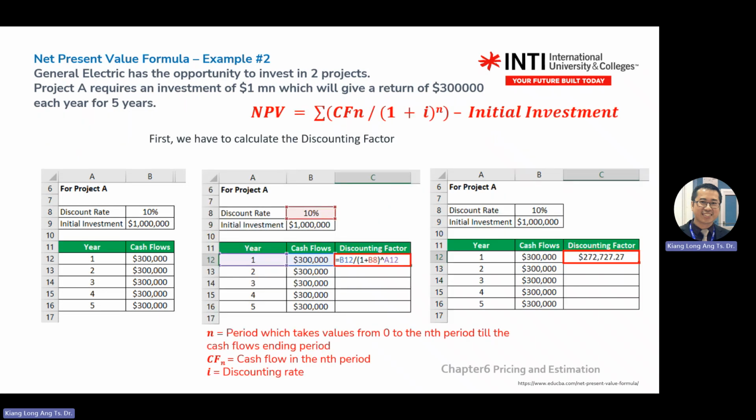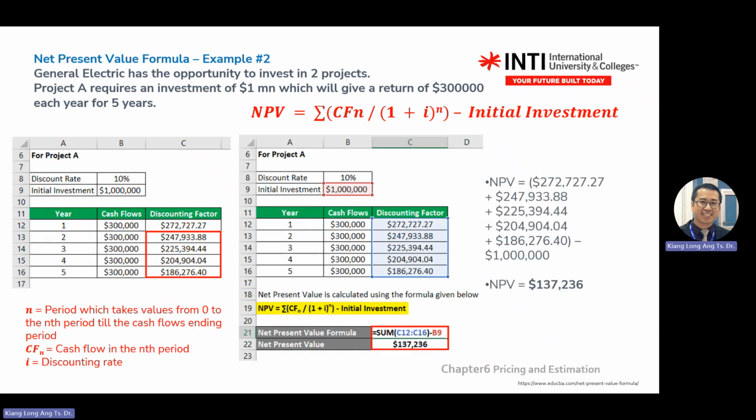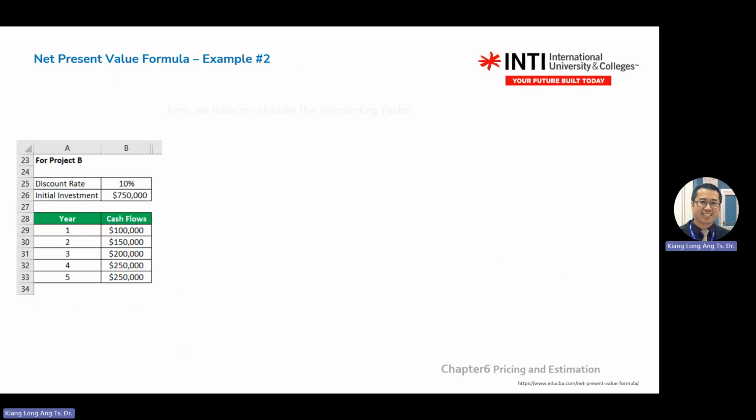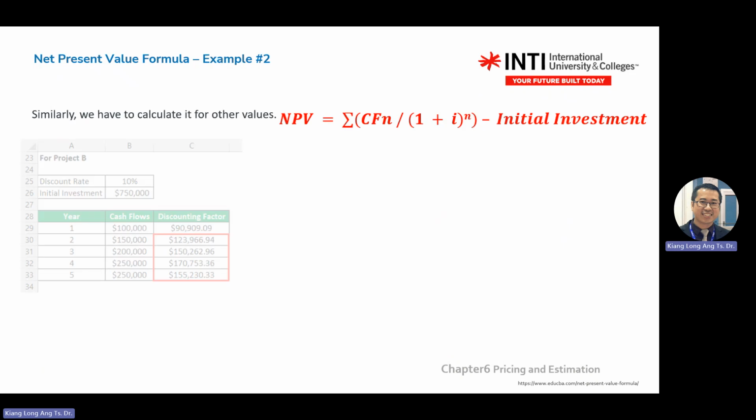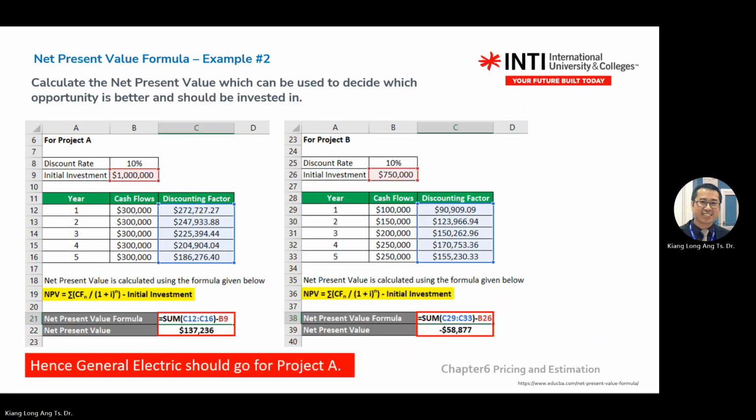This example gives you the answer of, I think, a positive value. Example 2 is also the same, with a negative value. So the conclusion is you go for the company that gives you a positive value. Okay, so this one you go and do.